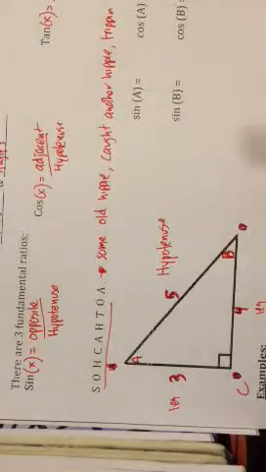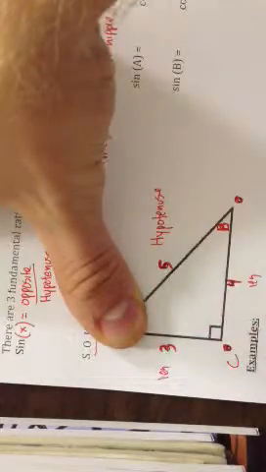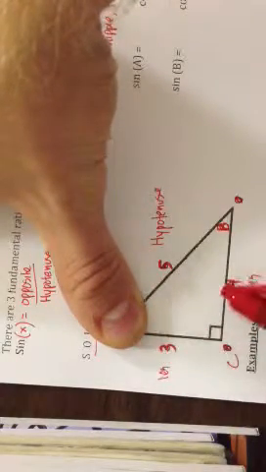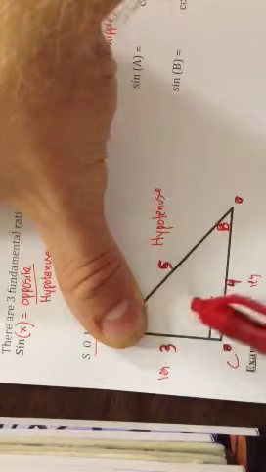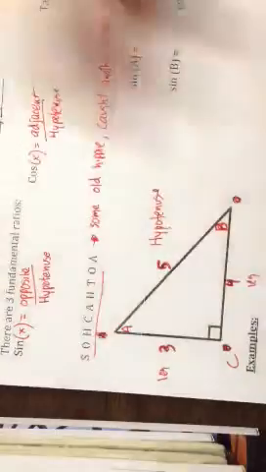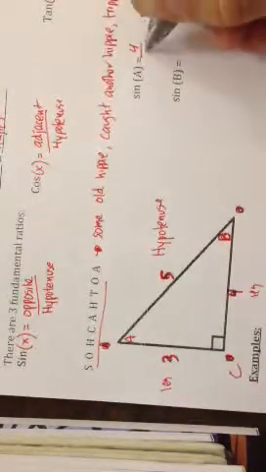Back to the example. So sine of A is up here. Sine is opposite. Now notice opposite is the one not touching my thumb right now. It's 4. Opposite is 4. The hypotenuse is always 5. So the sine of A is 4/5.